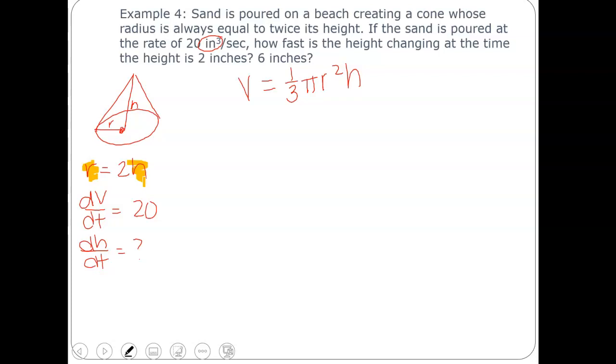In the case of this problem, I have a relationship between radius and height. I'm looking for change in height, so I want to get rid of r. We're going to replace r here with 2h.